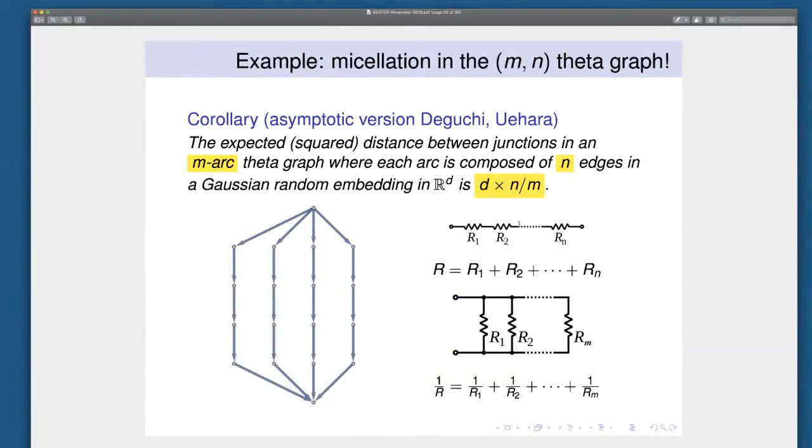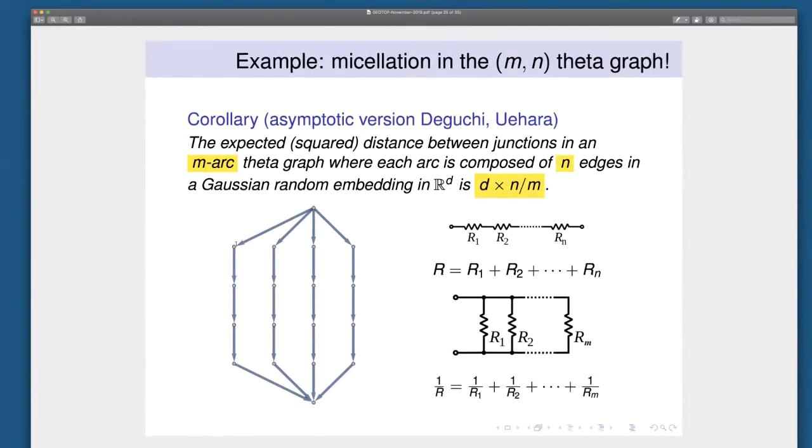Okay, so let's just do an example now. A graph that polymer scientists can actually make is these M arc N edge theta graphs. So there are M linear polymers that are joined together at their start and at their end.